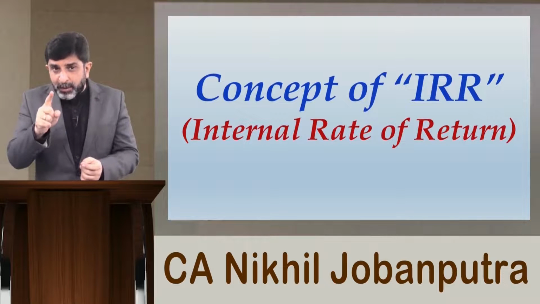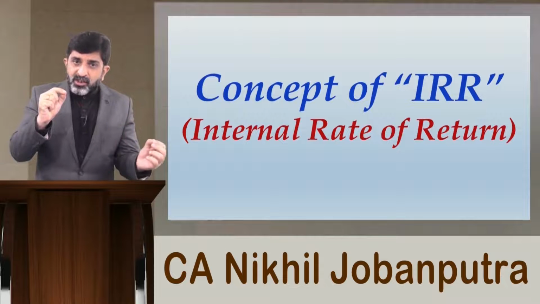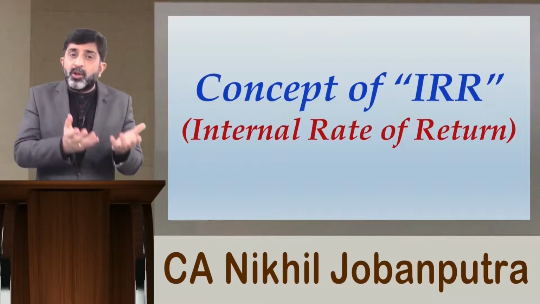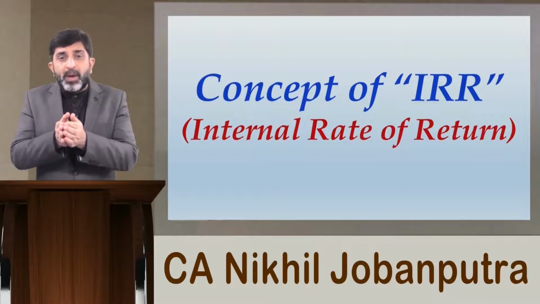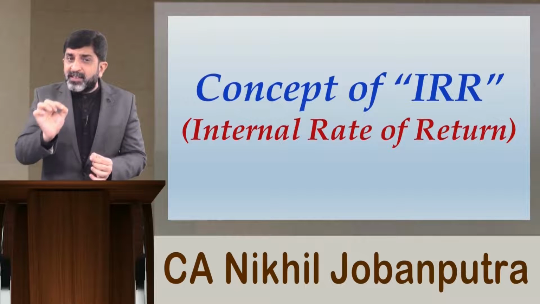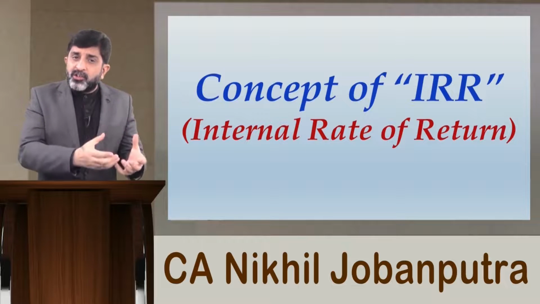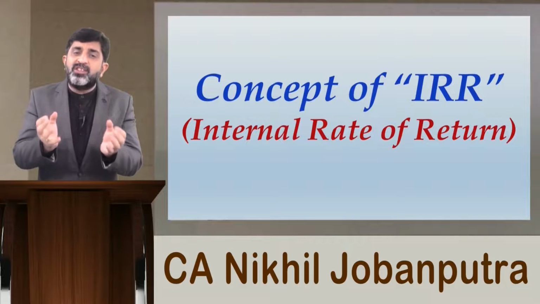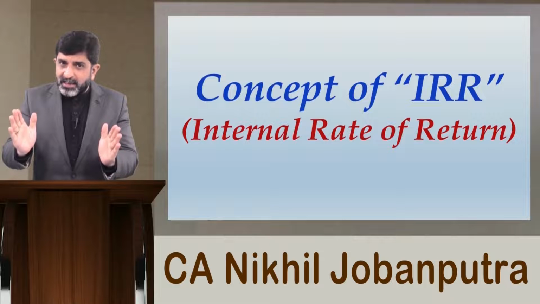A negative NPV, on the other side, indicates that the rate of return generated by the project is less than what you expect. In other words, the project is not capable of providing you the rate of return that you expect. So what would happen when the NPV is 0? When NPV is 0, we will say that the project is capable of generating exactly the rate of return which is expected by the company. So, the point is very clear.